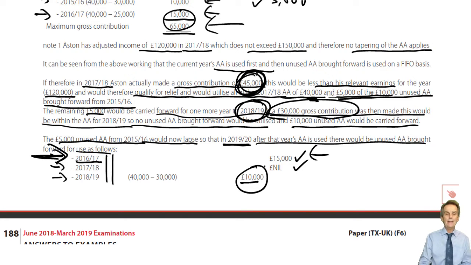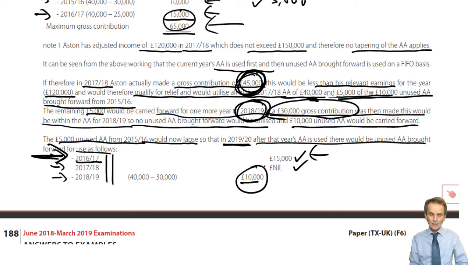Okay, so hopefully we're now familiar with how in any one tax year we could either work out what the total pension input allowed would be, or given a figure of gross contribution made, we'd be able to identify whether it fell within that total pension input limit by using firstly the annual allowance of the current year and then any unused allowance brought forward from 3 years ago, from 2 years ago, from 1 year ago.